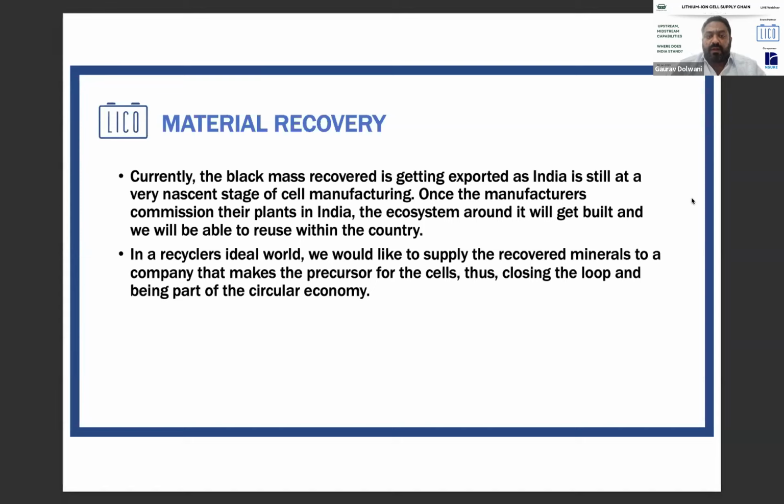What would happen is that a recycler like ourselves would be able to take end-of-life batteries and do a mechanical process followed by a recovery process, and then we would be able to give it to somebody who would be making anode and cathode precursor, who in turn would be giving that to a cell manufacturer to make a new cell and put it back into our ecosystem. So in an ideal world for a recycler, we would like to supply the recovered minerals to a company that makes the precursor, thus closing the loop and being part of the circular economy.